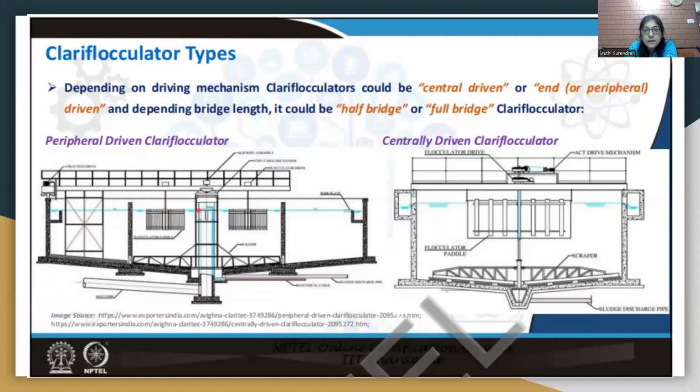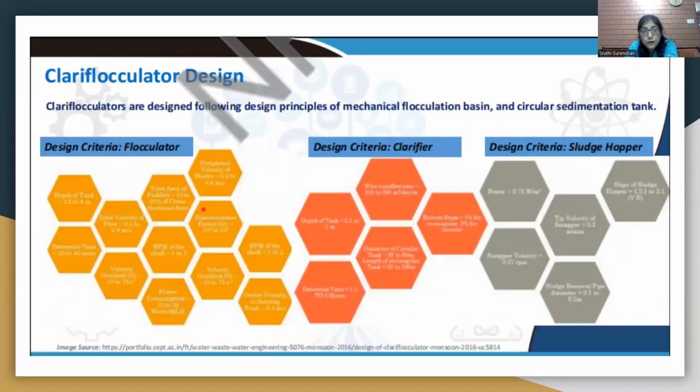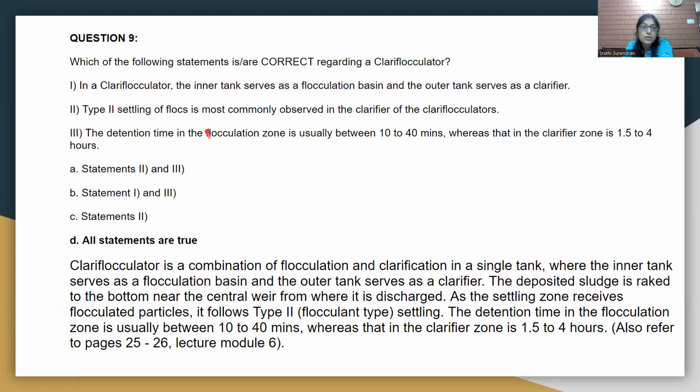In the clariflocculator, the detention time for the flocculator, if you look carefully, is 10 to 40 minutes. And the detention time for the clarifier is 1.5 to 4 hours. So statement 3 is also correct. So the correct answer for this question would be option D, all statements are true.